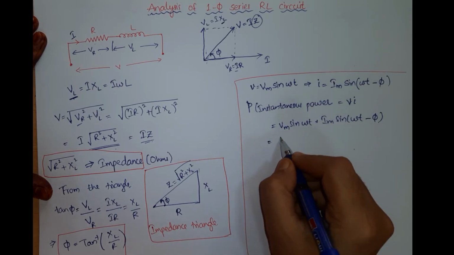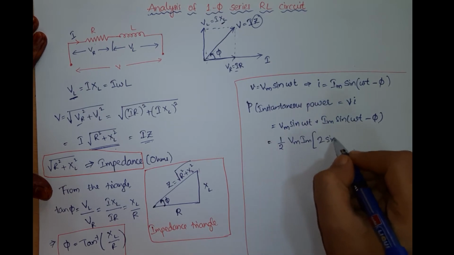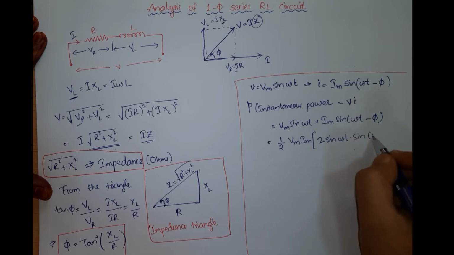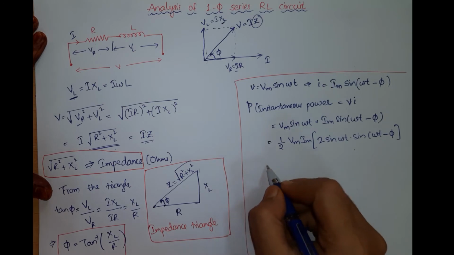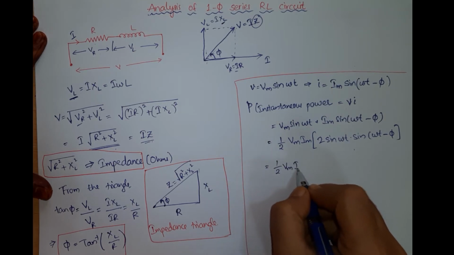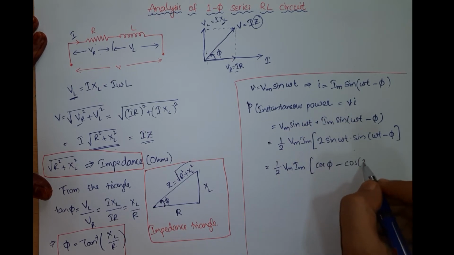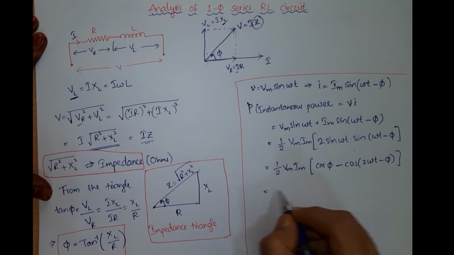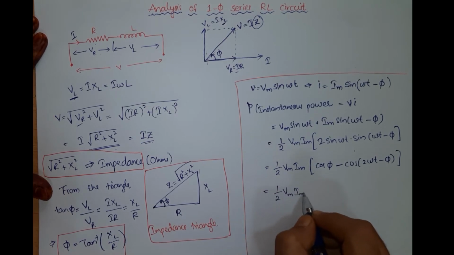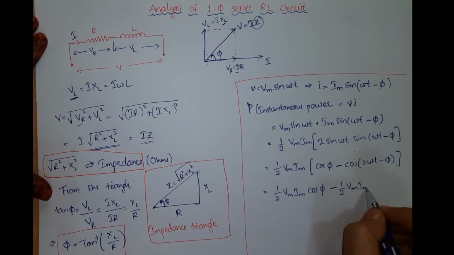So we can write it as half Vm Im into 2 sin omega t sin(omega t minus phi), nothing but multiplication and division by 2. So that we get half Vm Im [cos phi minus cos(2 omega t minus phi)]. So we get half Vm Im cos phi minus half Vm Im cos(2 omega t minus phi).